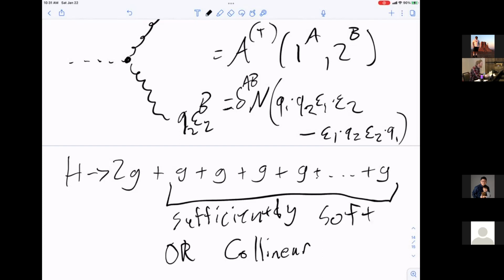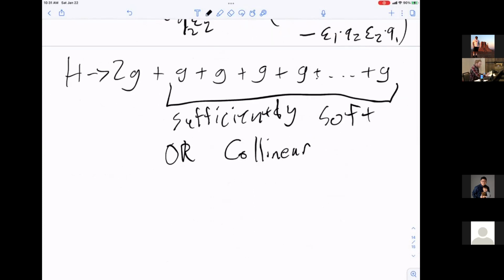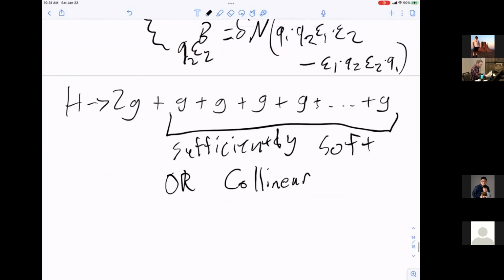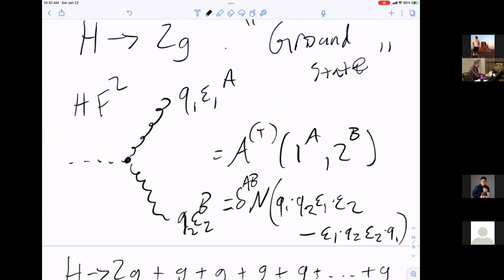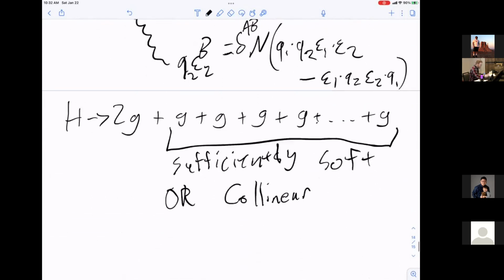Collinear to my Q1 and Q2. And by sufficiently soft, I mean they're just not carrying very much energy at all, and they could be anywhere in my scattering process. Then this process will look essentially the same as this particular process. In other words, it'll only be a weak fluctuation around Higgs decaying to 2 gluons. These gluons that they decay to might have acquired a little bit of invariant mass if I drew a cone around them and asked what's all the radiation flying into that cone, but it wouldn't be very much. So this would have the same basic momentum configuration.